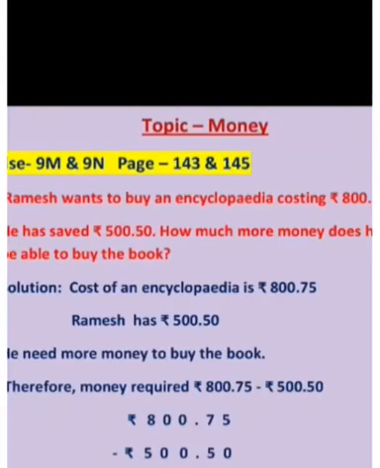So let's see what the cost of the book is. Cost of the book is rupees 800 rupees 75 paise and Ramesh had 500 rupees 50 paise. By seeing these two amounts, now you decide, can Ramesh buy the book with whatever he had?